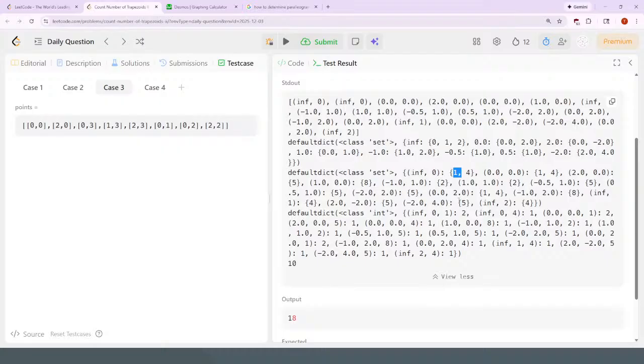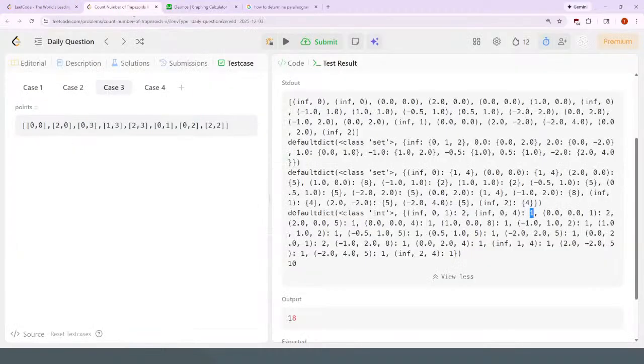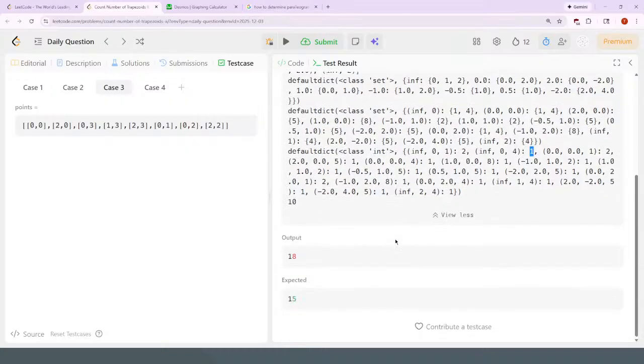Things that are 1 length, there's 2 of them. 4 distance squared, there's 1 of them. So these 2 are 1 length, and this one has distance squared of 4. Okay, so I think this is all fine. I understand it. It looks correct in terms of its presentation.